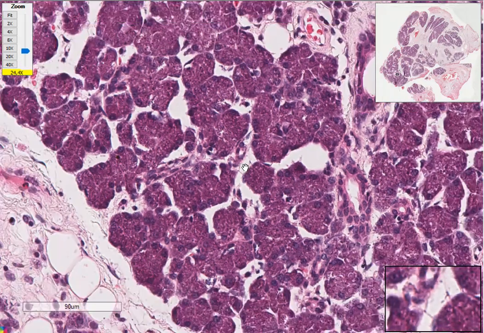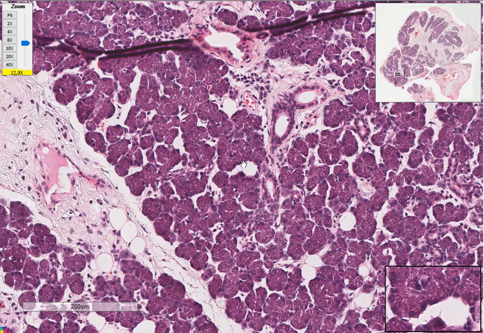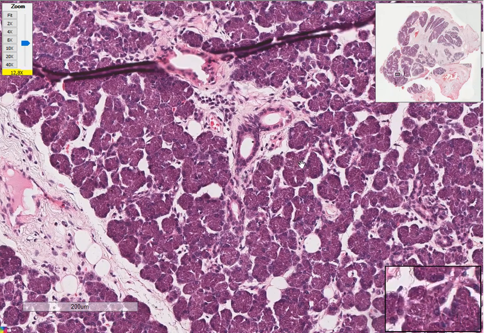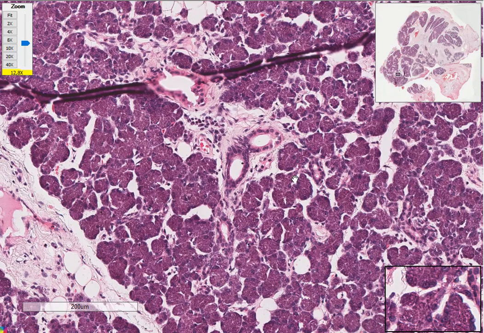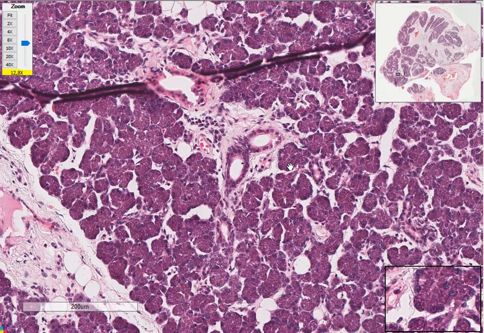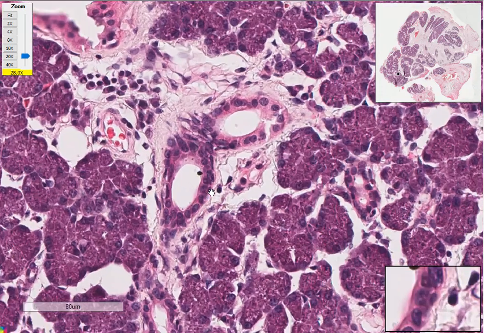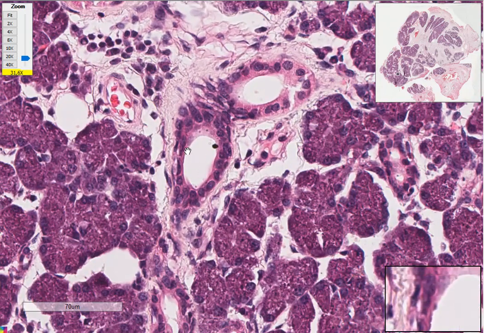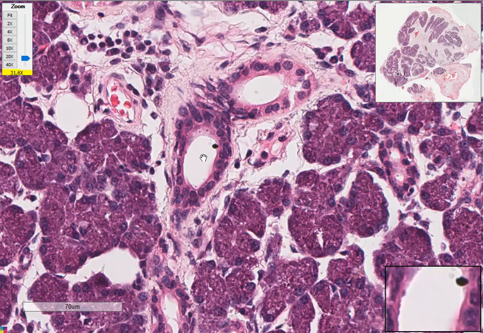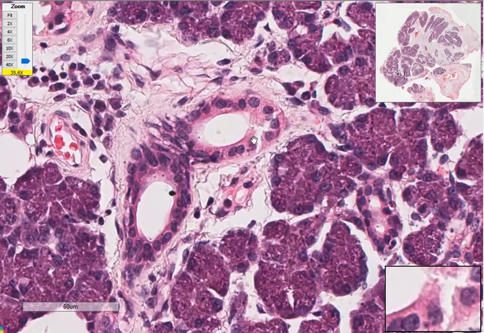Now remember, the salivary gland also has a duct system, and we can identify two ducts: the intercalated ducts and the striated ducts. The intercalated duct, like this one here, is lined by a simple cuboidal epithelium, and that receives the saliva directly, and then it drains into the striated ducts, like this one here.